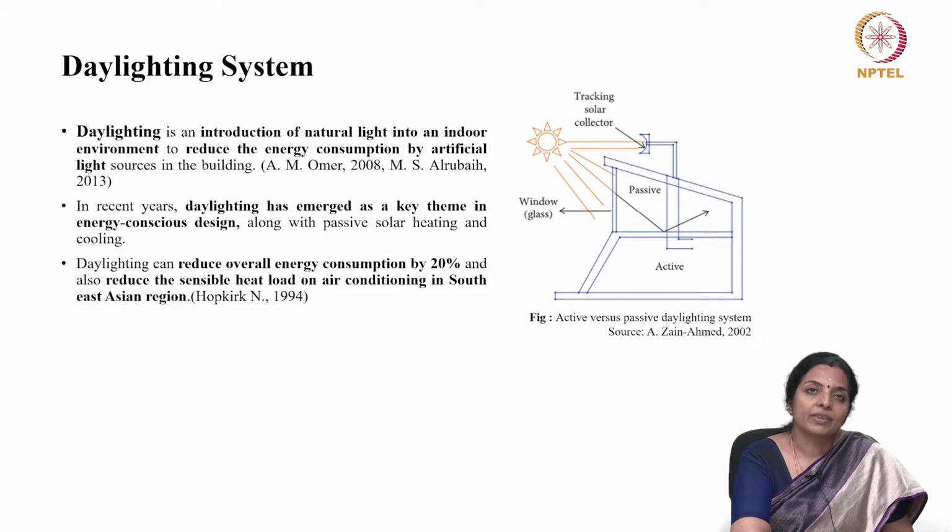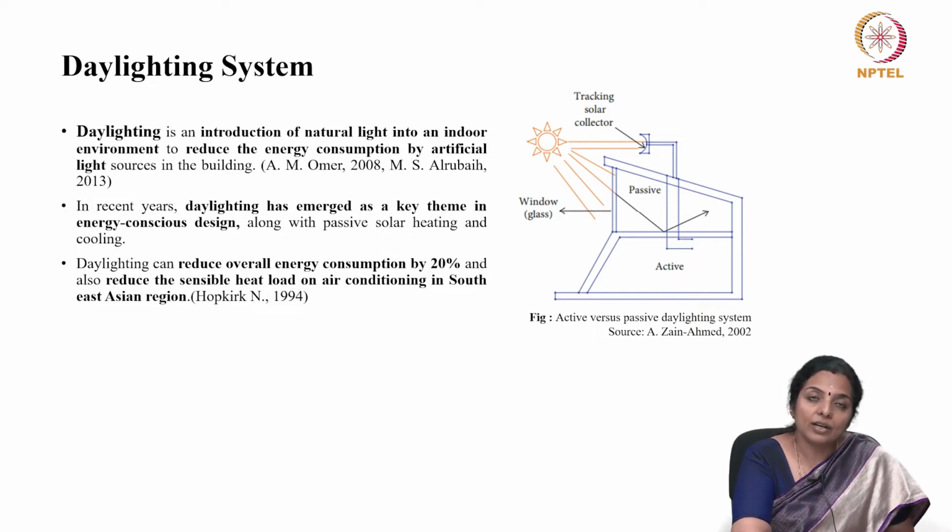Of late, daylighting has come up as an important theme of energy conscious design along with passive solar heating and cooling because now it is proved that in order to have good lighting inside, if daylighting is not used, then artificial lighting has to be incorporated, which is expensive as well as it is not energy efficient for the building.